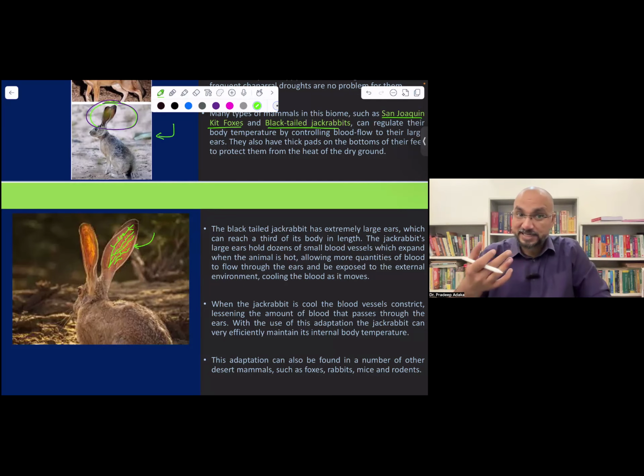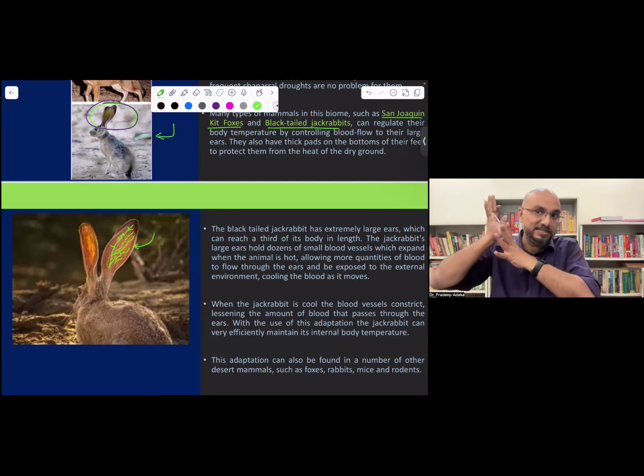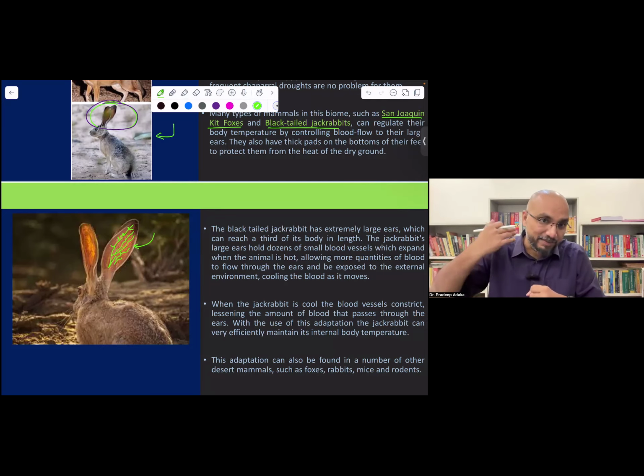So when the body temperature increases, blood flow increases in the ears, and when it moves, the air will come in contact with the blood vessels and it will lose the heat.